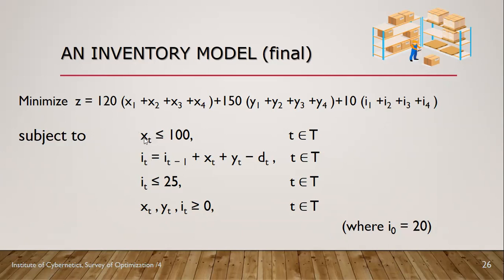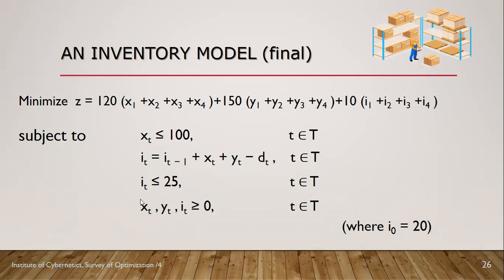The total number of trampolines produced with the regular time labor payment is no more than 100 every month, according to the input information. Then the constraint for the inventory level was formulated before.